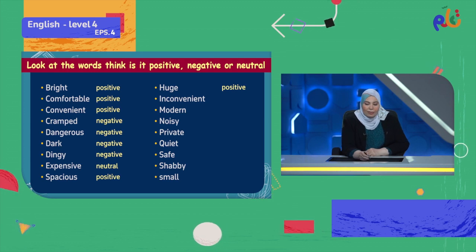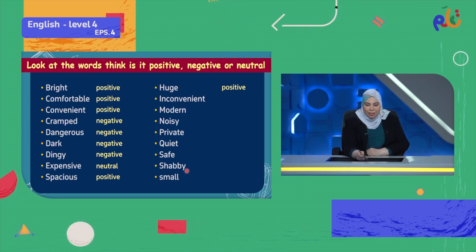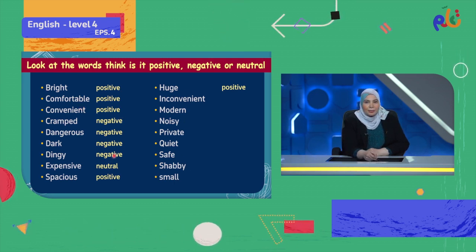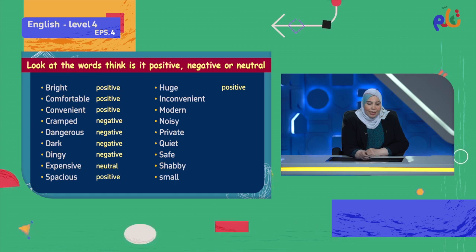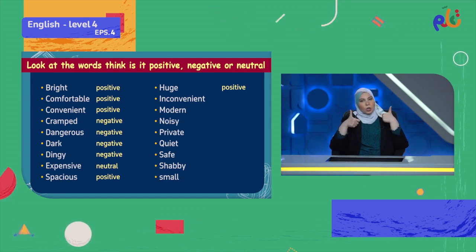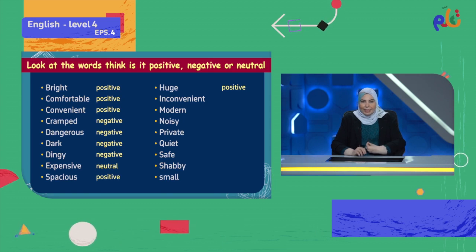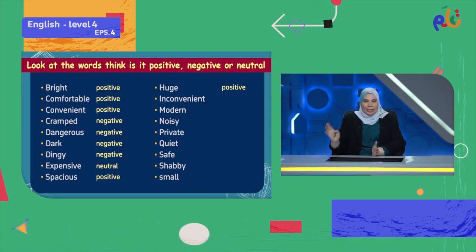And then we have inconvenient, inconvenient. So can you find the opposite of inconvenient here? Yes. So inconvenient, the opposite is convenient. So if you remember, convenient means good for me. I can say it's suitable or good for my needs. Inconvenient is the opposite.